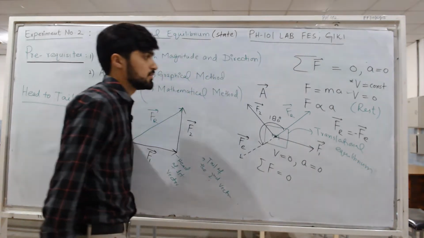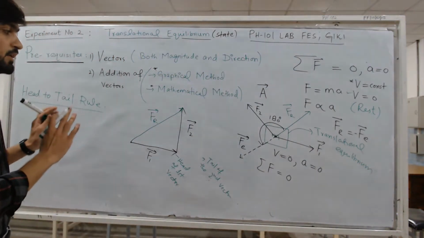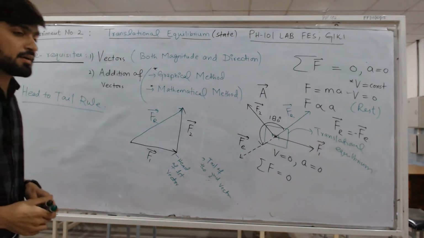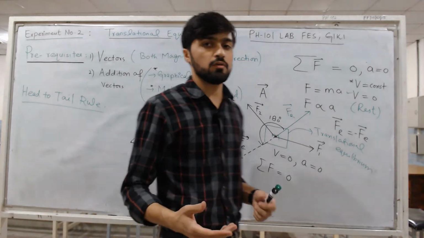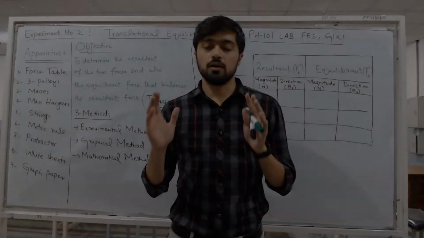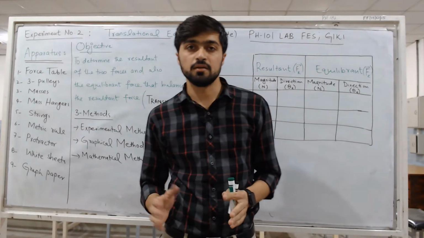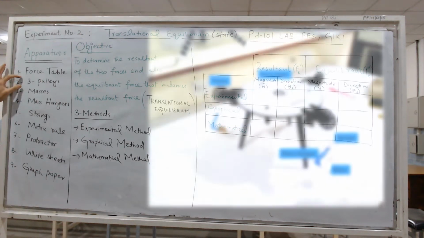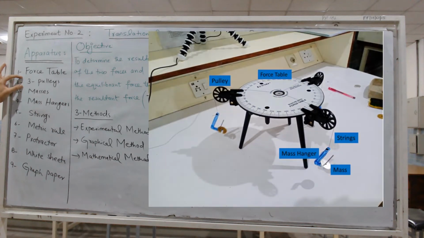I think this is enough for the prerequisites, and after the prerequisites we will be discussing the apparatus that will be required for our experiment, and then we will proceed. The first one is the force table, where, as you can see, we need 3 adjustable pulleys.